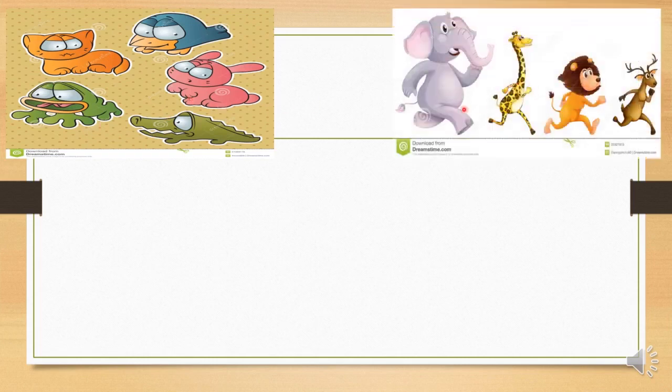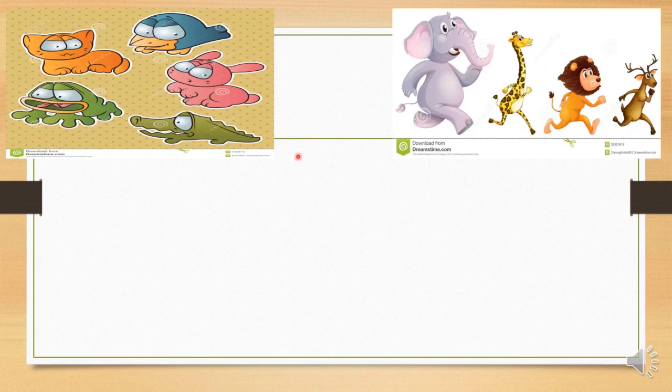Total 5 animals. This is a bird. Bird is also included. The first category of bird is animal. So you can count it in bird also. So total 5. 1, 2, 3, 4, 5. And this side 1, 2, 3, 4. This side total 4 animals.